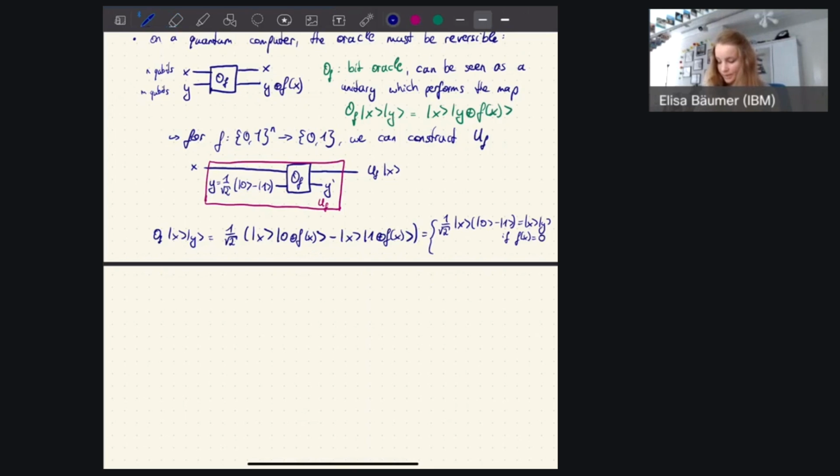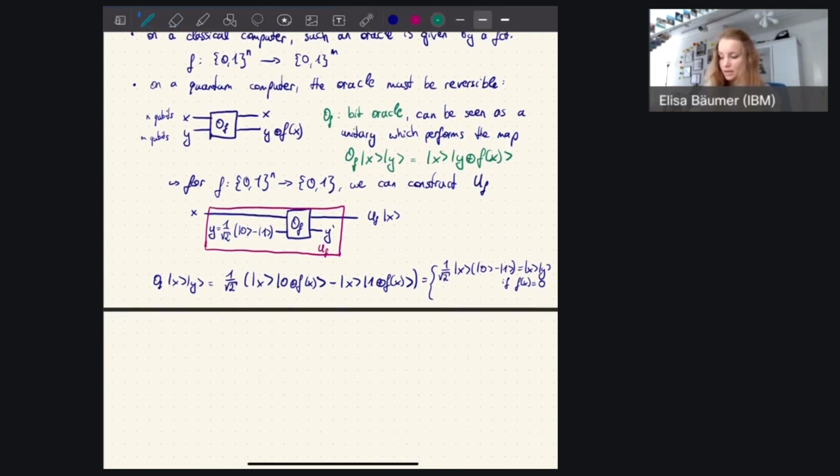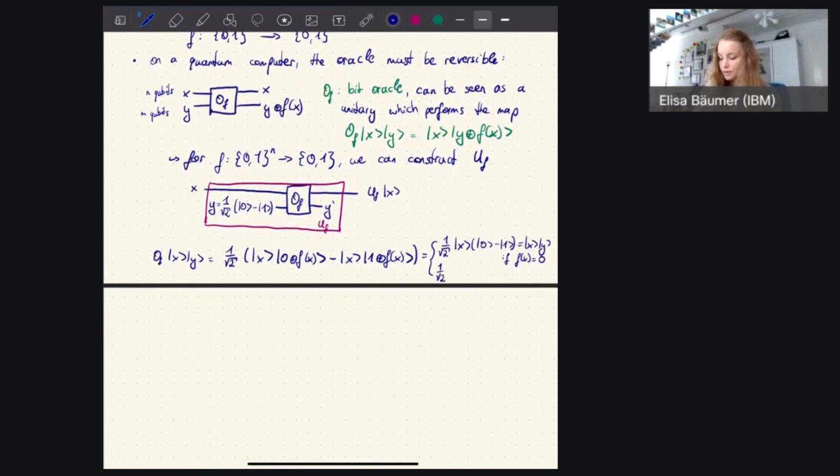Then for the case where f of x equals 1, because we said f of x can be only either 0 or 1, just one bit that it returns, we will get x, but then this will be 1 and this will be 0, because we add 1 to our bit. So we get 1 minus 0, which is minus x times y. This is for the case where f of x equals 1.